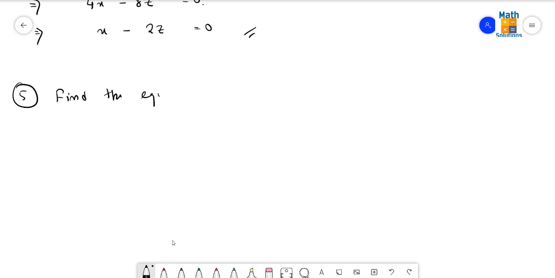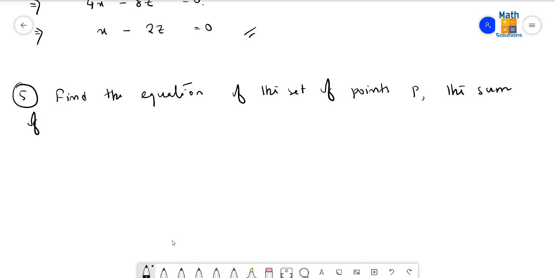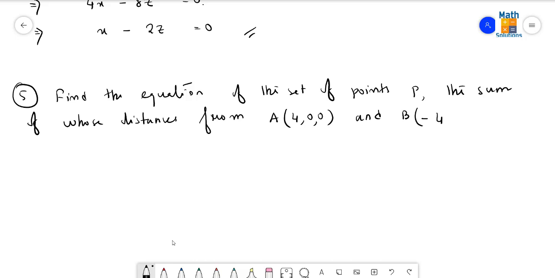Find the equation of the set of points capital P, the sum of whose distances from capital A 4, 0, 0 and capital B minus 4, 0, 0 is equal to 10.